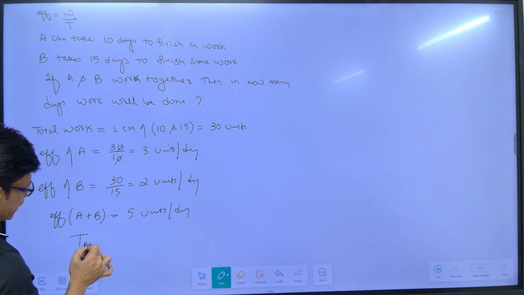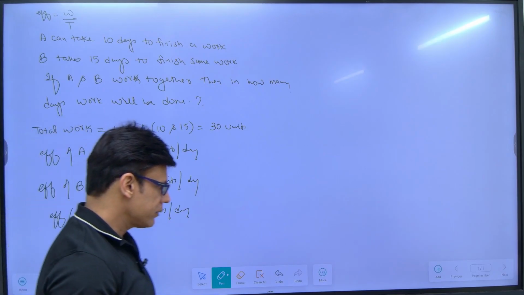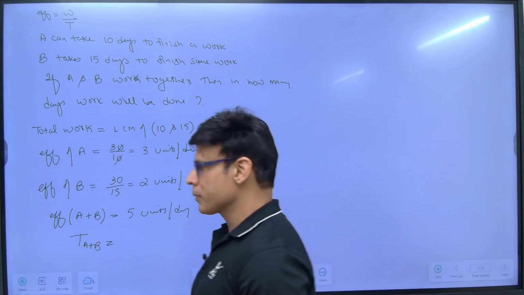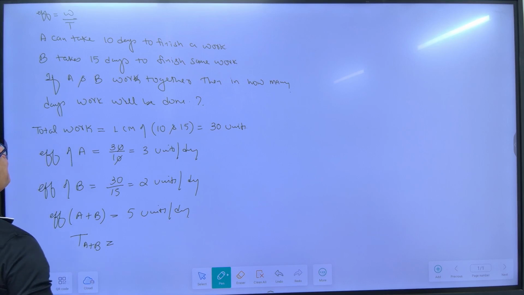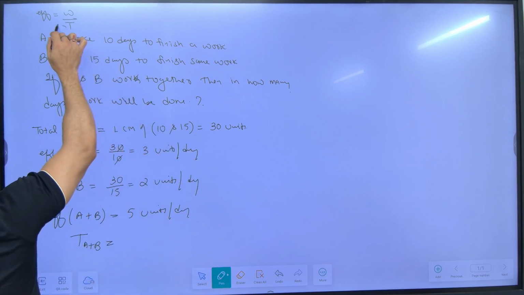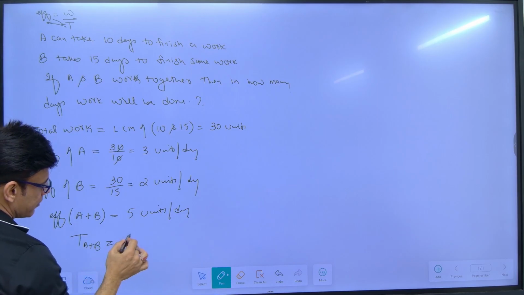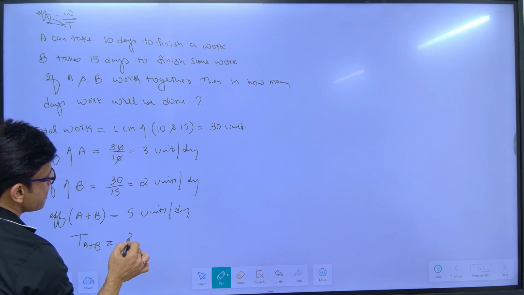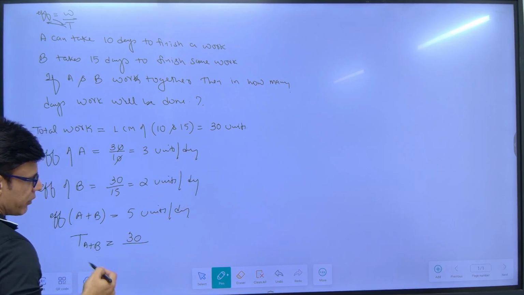I have to find out time taken by A plus B. So time is what? What is the formula for time? Work upon efficiency. What is total work? 30. Total work by total efficiency, 5.